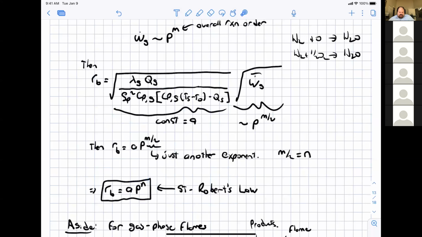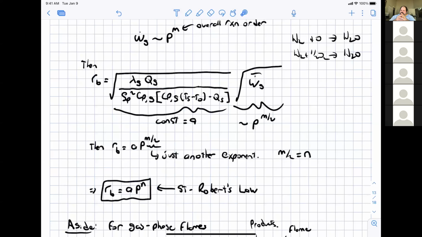And if your propellant burning rate is proportional to P to the 0.7, that means that at least at that pressure condition, the average gas phase reaction has an overall reaction order of, say, 1.4.